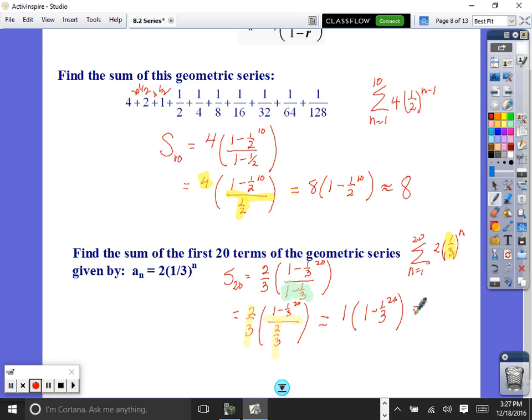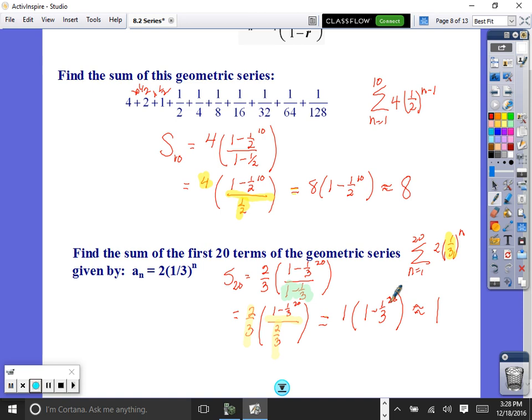And again, I get about 1. Do you notice when I keep increasing my power, this seems to subside to 1? And I get whatever is left times my beginning value.